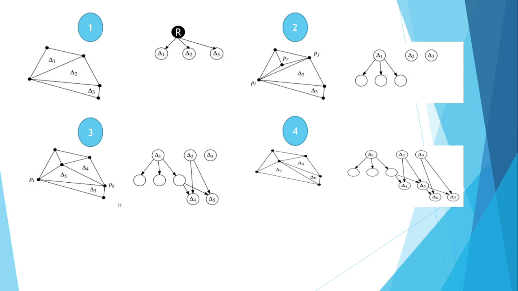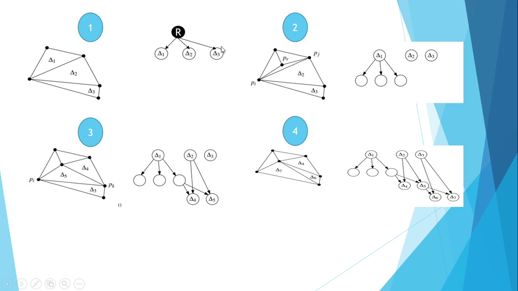I can explain it easily with the picture. Assume that these are the triangles in the initial triangulation. There is a point pr added here in triangle 1. So there are three triangles with the root node as the biggest triangle p0, p1, p2, having three triangles delta 1, delta 2, delta 3.